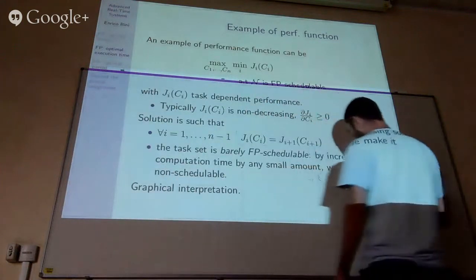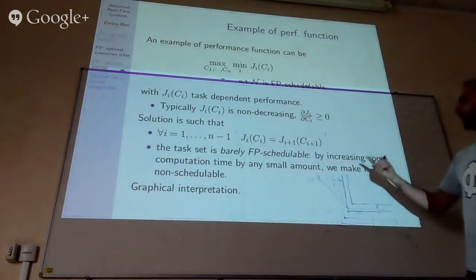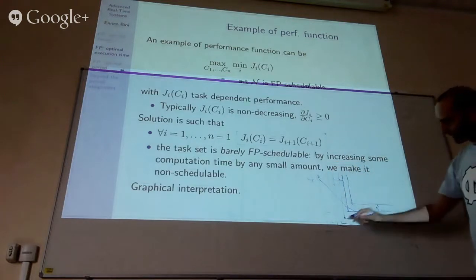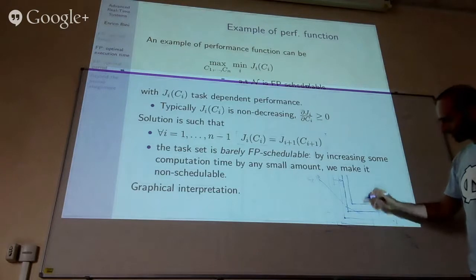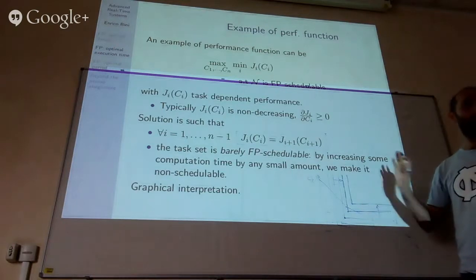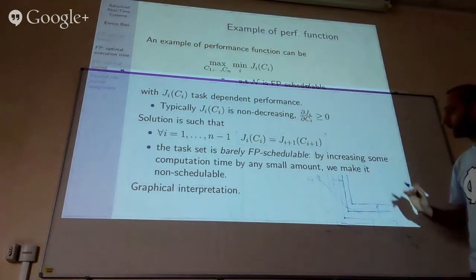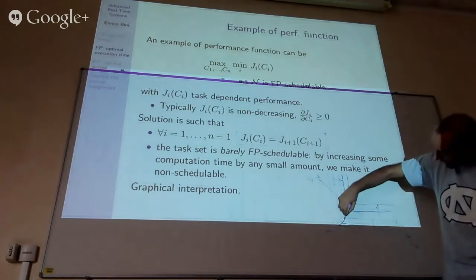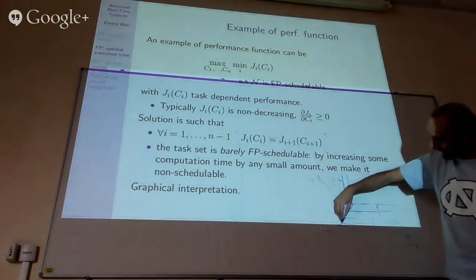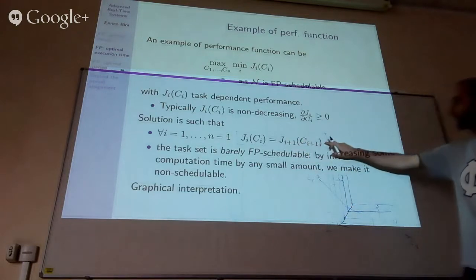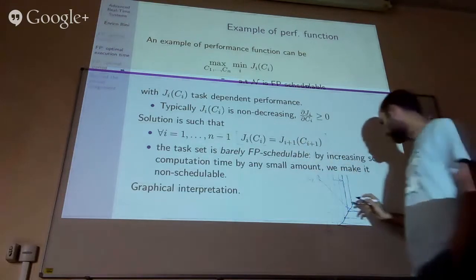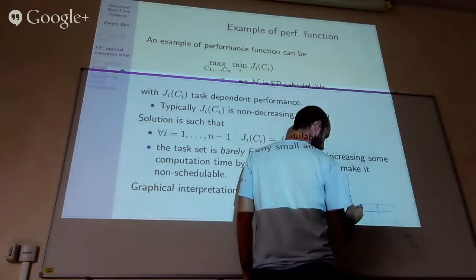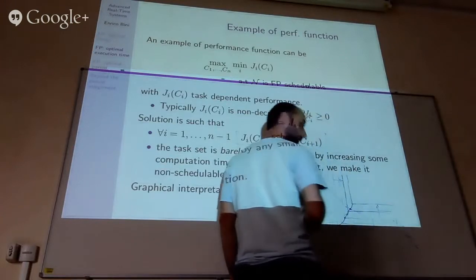Because of the sustainability, if you want, of the schedulability region, and because of this shape of the cost, the optimum will always be along this path of having all costs equal to each other, and it will hit, since the cost is increasing this way along this path, the boundary here.